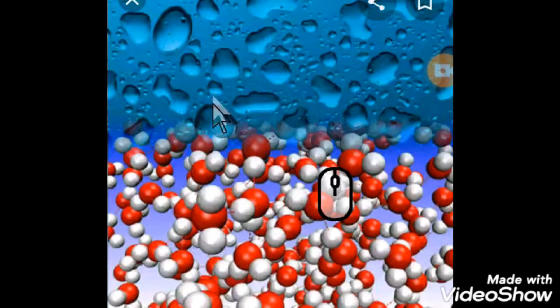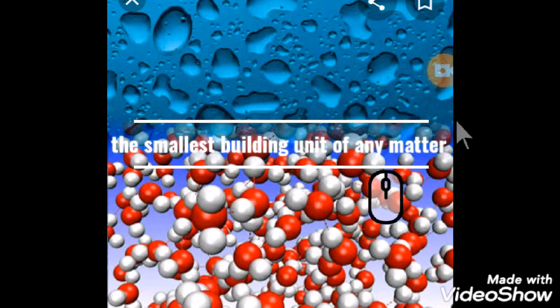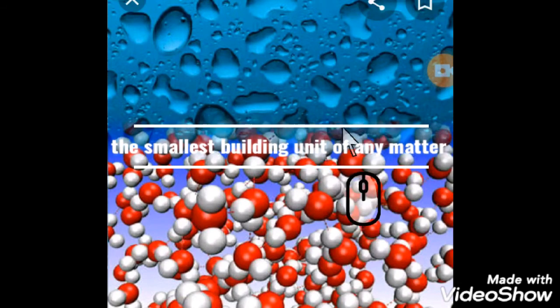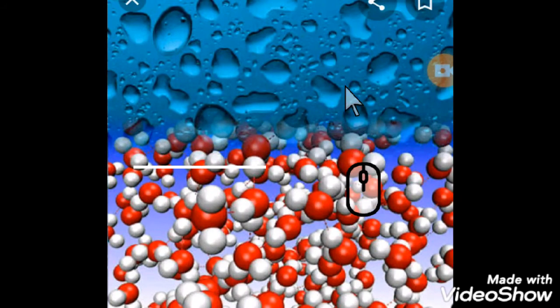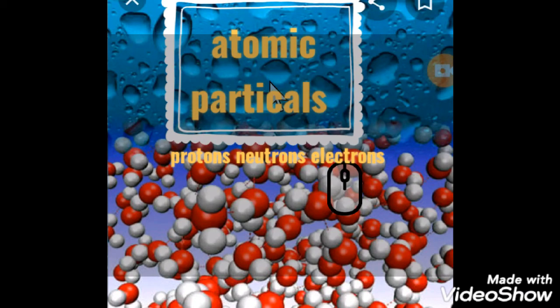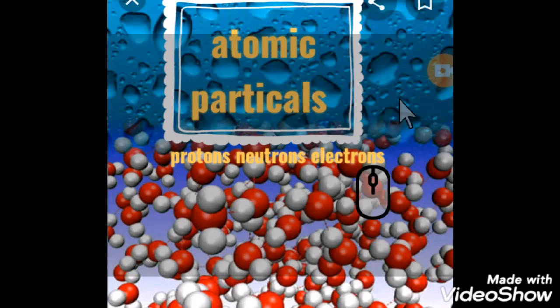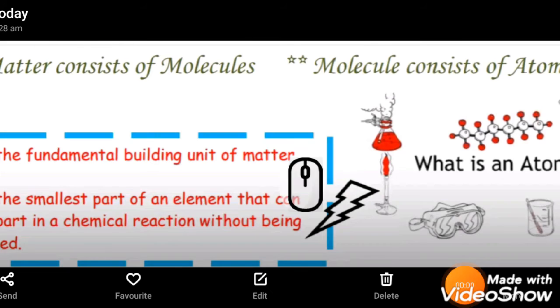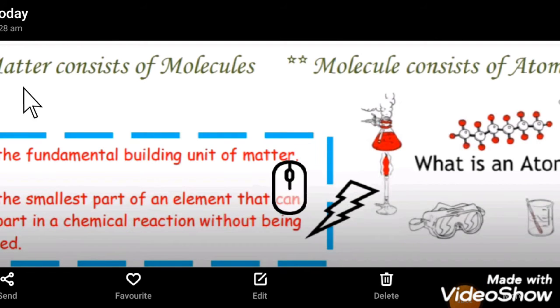Okay, now let's know a little more about the atom. As the atom is the smallest piece of matter, it is made up of atomic particles, the protons and electrons and nucleus. One more time, what does the matter consist of?